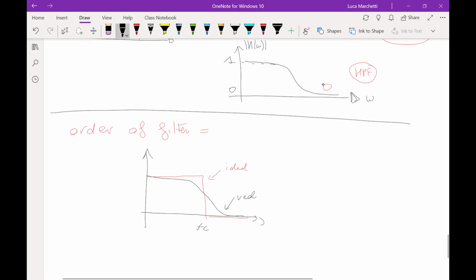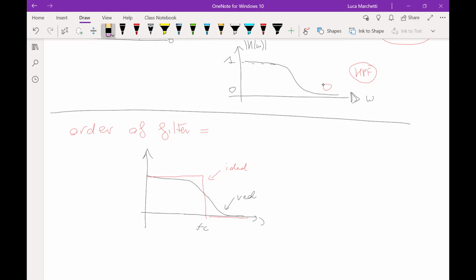So you want the curve here to become a little steeper, right? The slope becomes bigger, right? Like this, something like that. And you can do that if you, of course, make the circuit more complicated. And when you do that, you say that the order of the filter increases, okay?